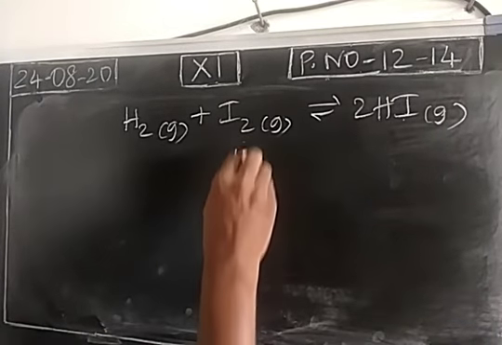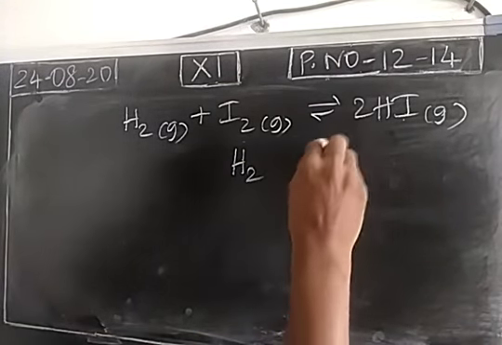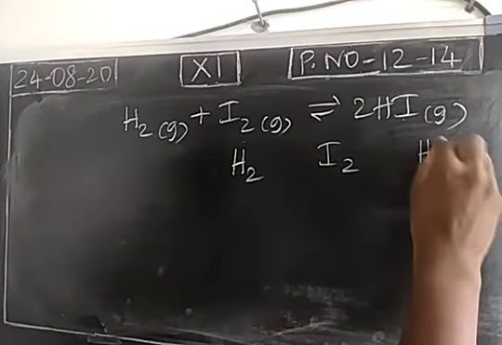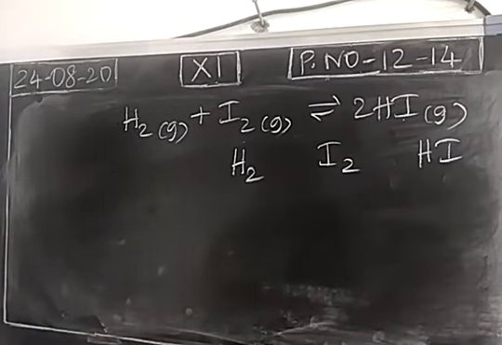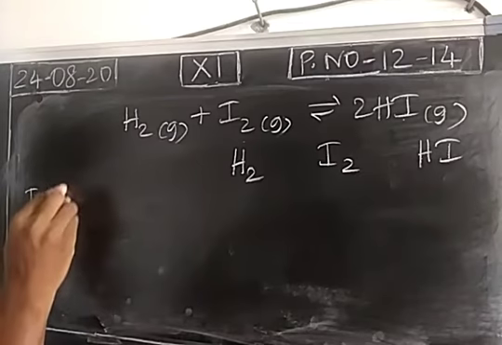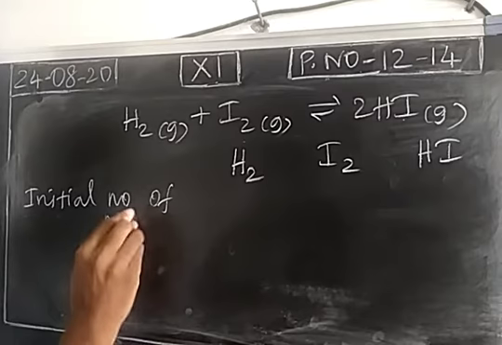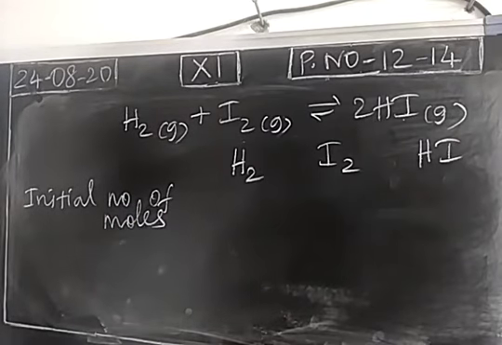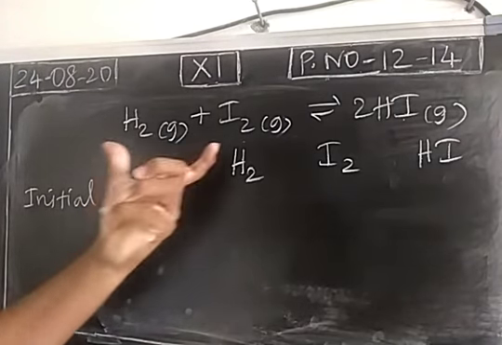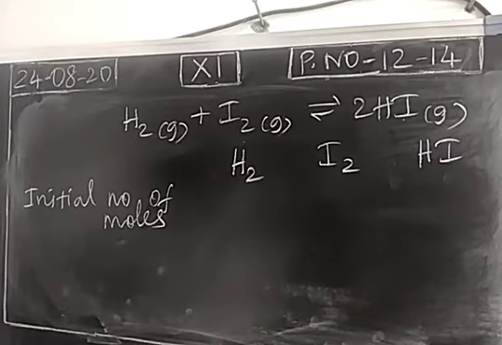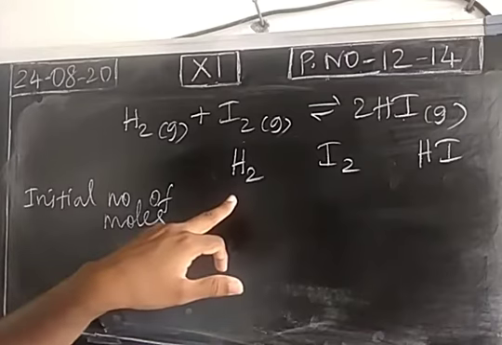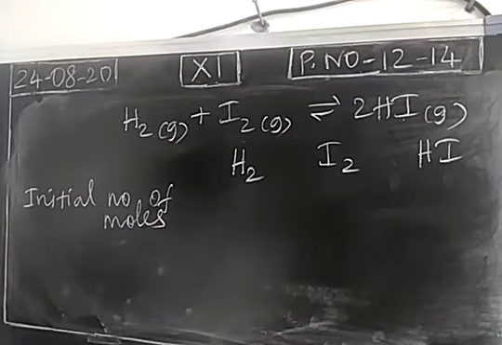So what are the substances involved in the reaction? Hydrogen, iodine and hydrogen iodide. What is the initial number of moles? The initial number of moles represents how much reactants have been taken before the reaction starts. So the initial number of moles of reactants, hydrogen gas and iodine gas. This is a homogeneous gaseous phase equilibrium reaction.